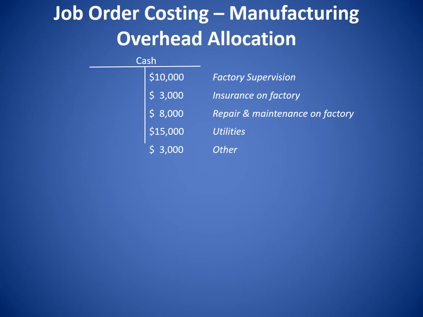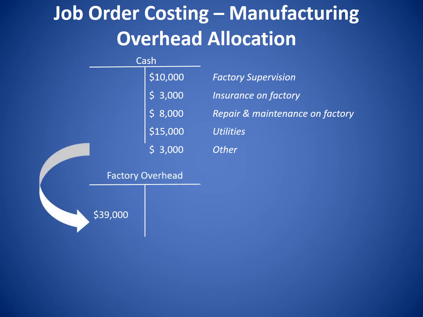The question is now, where do I debit those total amounts? And what happens is I'm going to debit them to an account called factory overhead. Factory overhead is kind of like a temporary holding account for our overhead charges. Right now I credit cash for the total $39,000, those individual amounts, and I debit factory overhead.